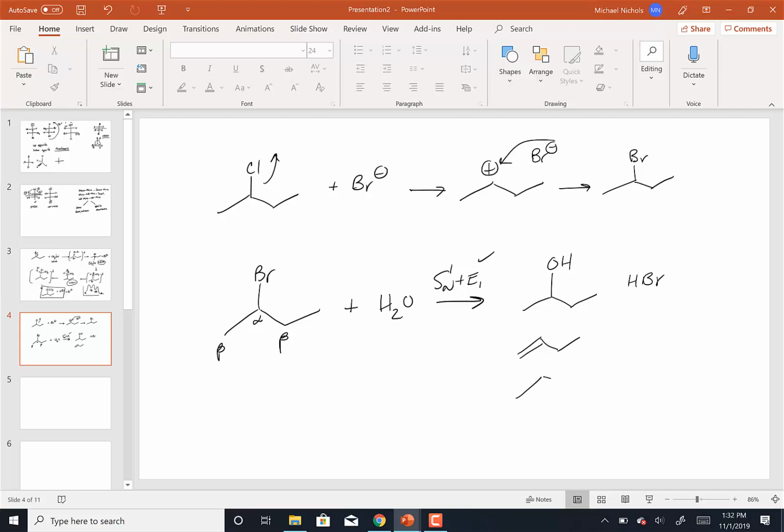And then let's go ahead and write a double bond to the second. So I would get those two alkenes because I'm basically losing HBr off of that carbon, and I am losing HBr off of that to form the double bond.